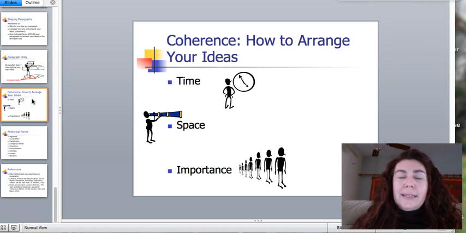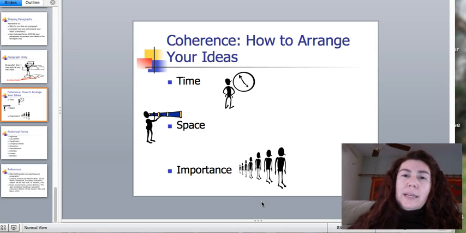The second idea, again, is how to arrange your argument. There are a couple of different schools of thought on how to do it. It could be chronological, depending on what your topic is. It could be spatial. It could be in order of importance. And there's, again, a certain strategy to this.